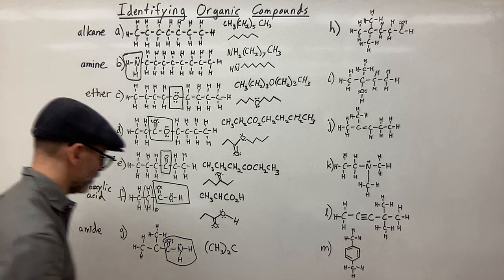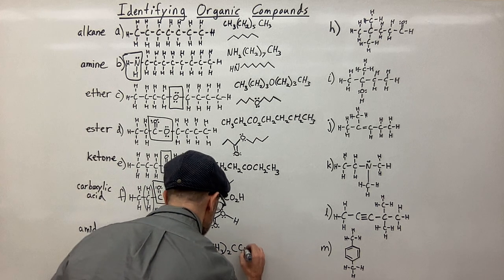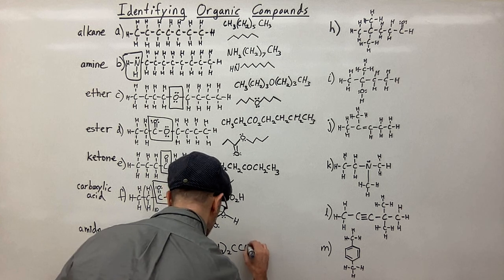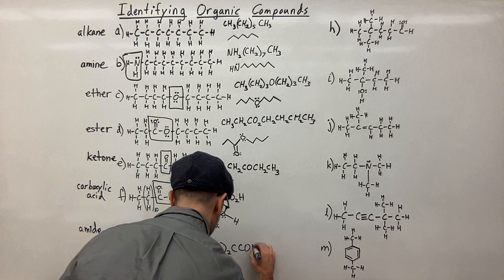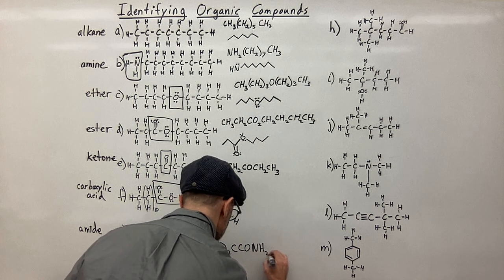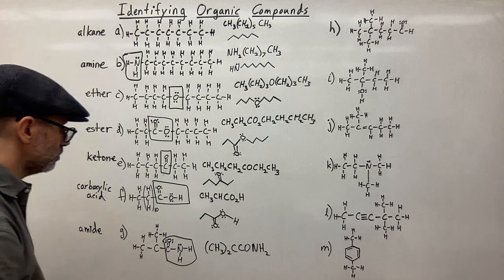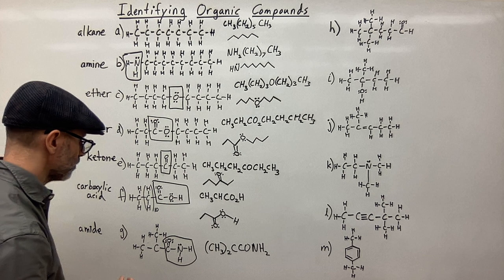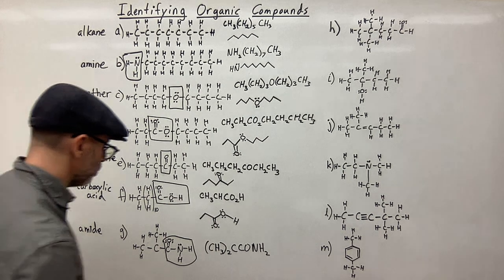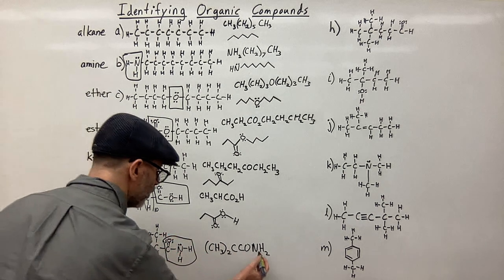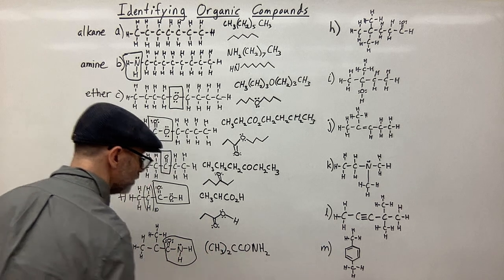And then that's bonded to CO. And then NH2. So that would be the condensed formula.